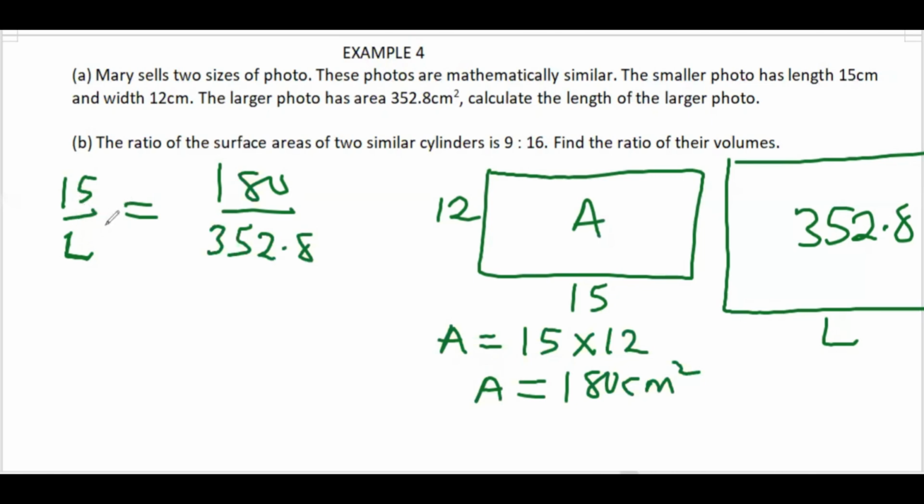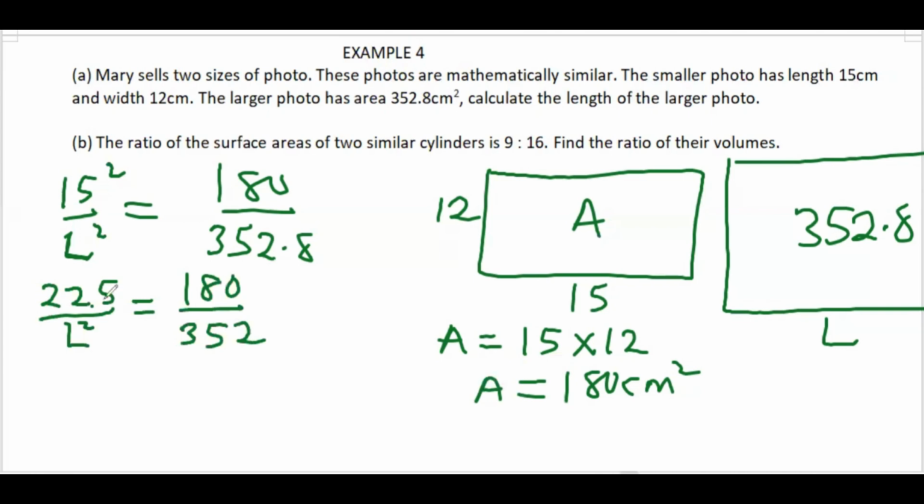So you put a square on the ratio, because a side is linear, while the power on area, centimeter squared, is quadratic in nature. So you square this one to confirm them. And this should give you 15 squared is 225 over L squared equals 180 over 352.8.